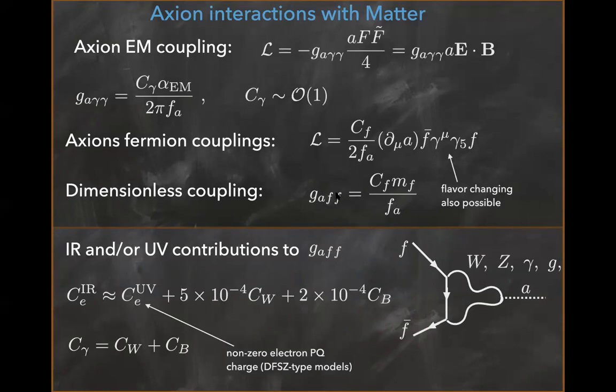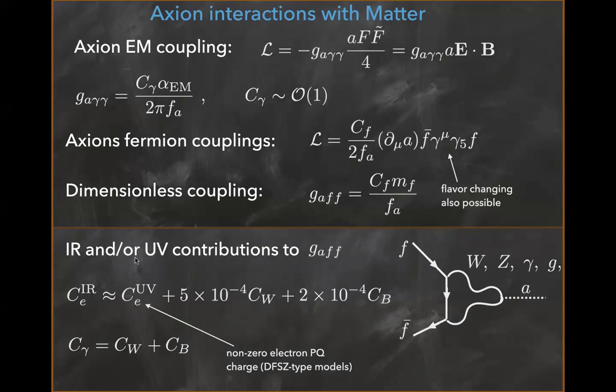One point I just want to stress, because I'll mention this later on in my talk: generically you would expect to have an ultraviolet contribution to this axion-fermion coupling. And this happens, for example, in QCD axion models, where your standard model fermions are charged under this PQ symmetry.